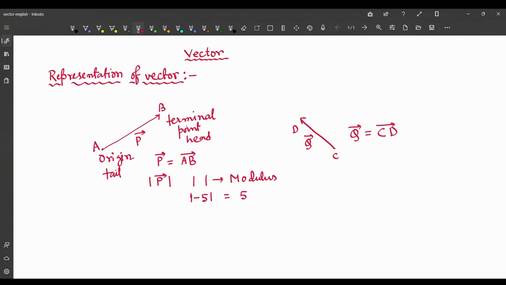The magnitude of P vector is represented as modulus of P vector or modulus of AB vector, or it is represented by only P or only AB. The length of AB represents the magnitude part.